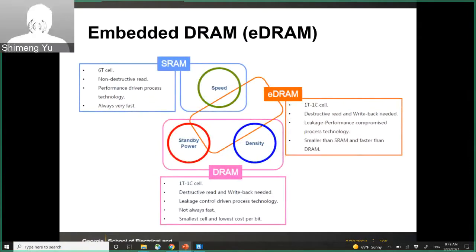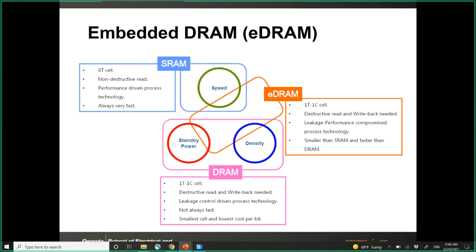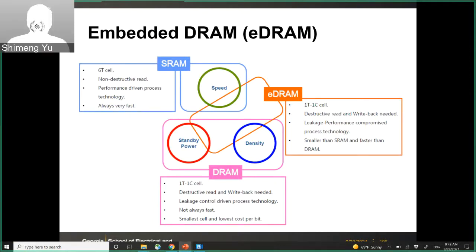Okay, then the last topic for the DRAM section will be embedded DRAM. This is a technology that aims to address the gaps between the SRAM and the standalone DRAM. So far when we talk about the DRAM, we usually refer to the standalone DRAM.